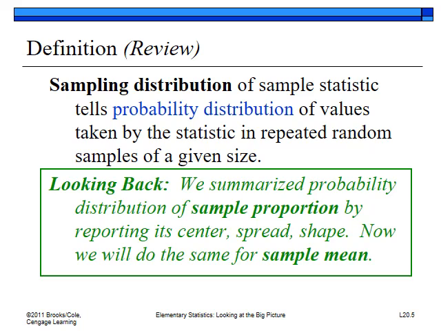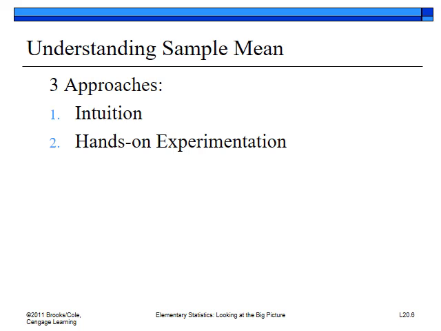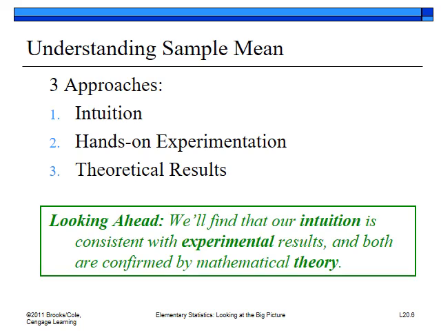Again, in the previous section we talked about sample proportions. So we're going to cover much of the same territory, except now we're talking about sample means. There are 3 ways to get at this. We could use intuition, we can use hands-on experimentation, and we can use some theoretical results. We'll do much like what we did in the last video.